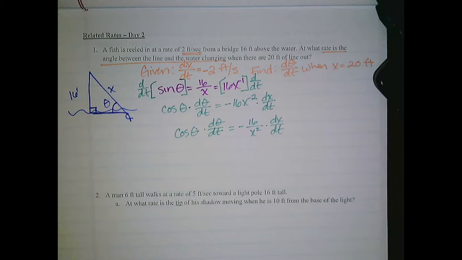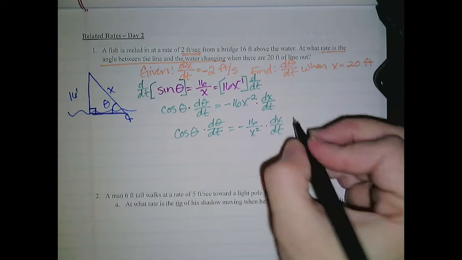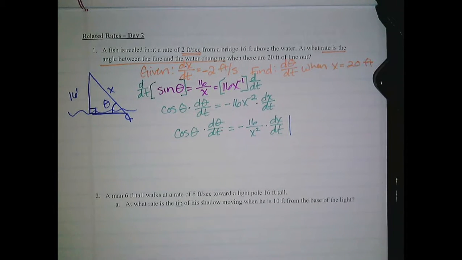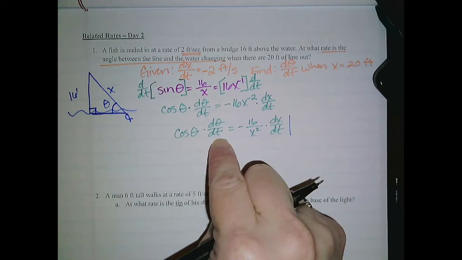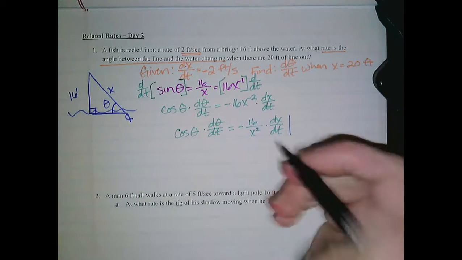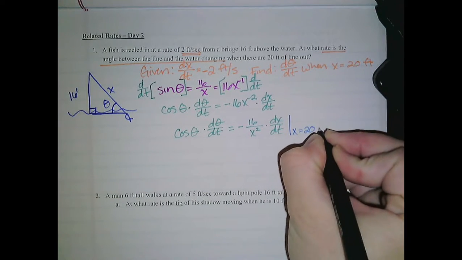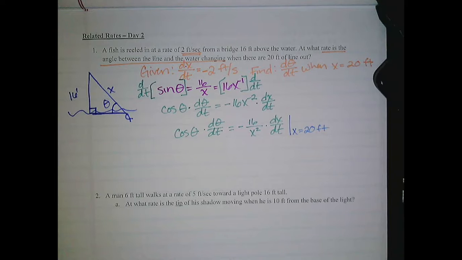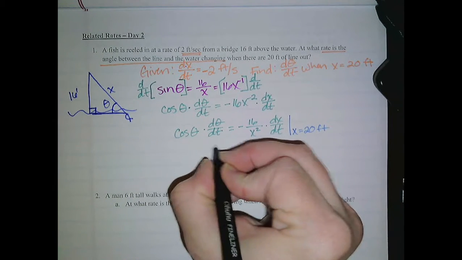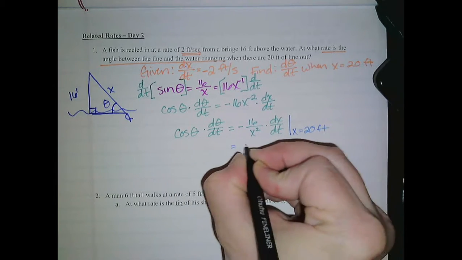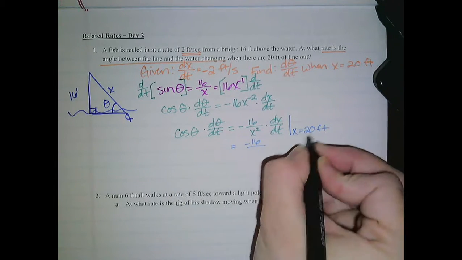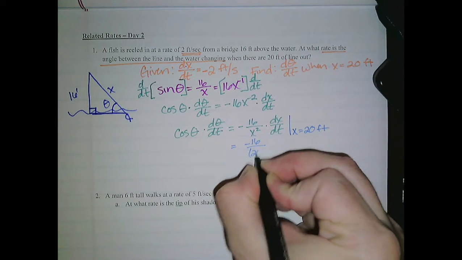So now that I've taken the derivative, now I can start to substitute in the things that are changing. In this problem, I'm wanting to know what is d theta dt when x equals 20 feet. So then I can start substituting in. I don't know what d theta dt is. That's what I'm looking for. But I do know that I'm looking for that when x is 20, so we'd have 20 squared.